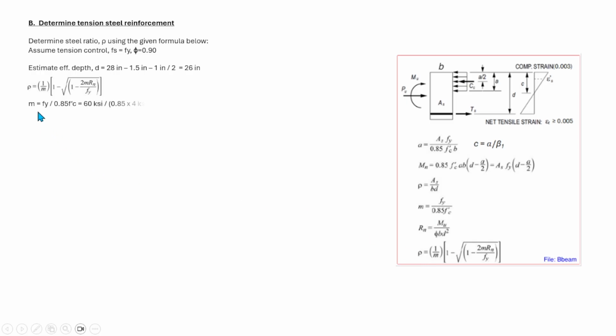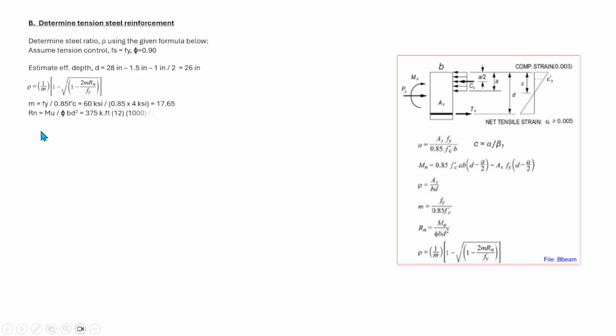So m is equal to Fy over 0.85 Fc prime, that is equal to 60 ksi over 0.85 times 4 ksi, and that is equal to 17.65.